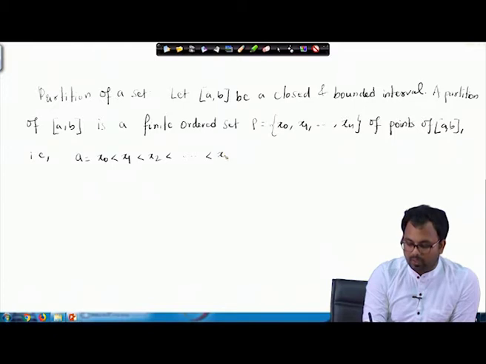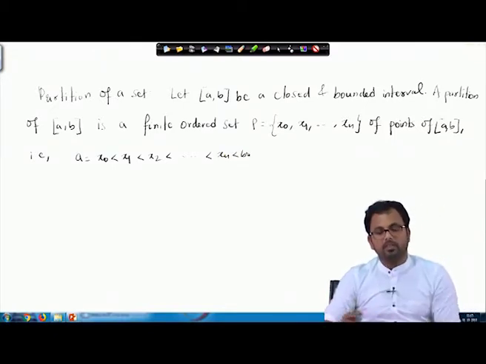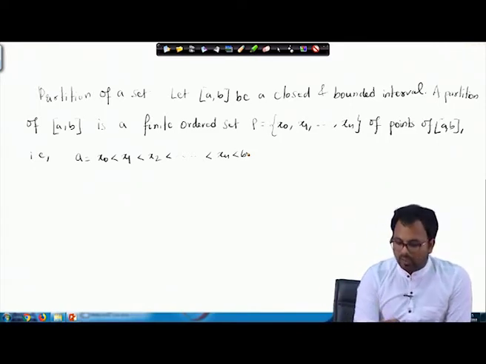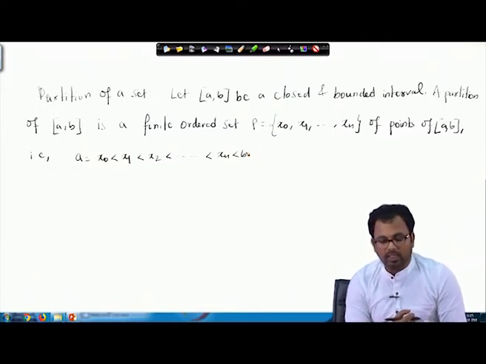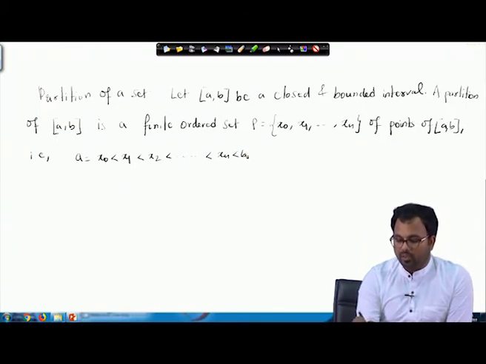So it is finite and it is also ordered. Such a finite ordered set P is called a partition of this closed interval [a, b].